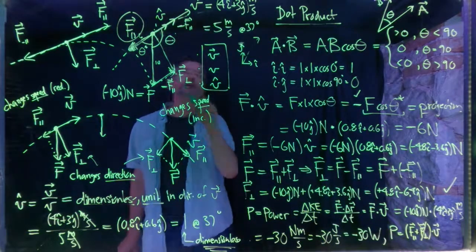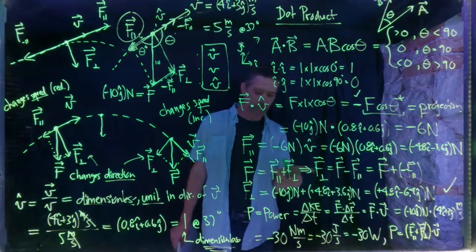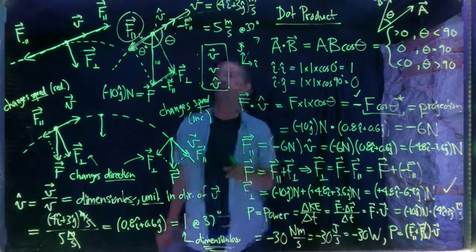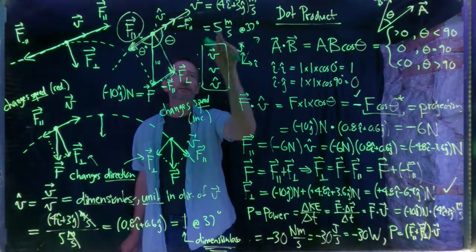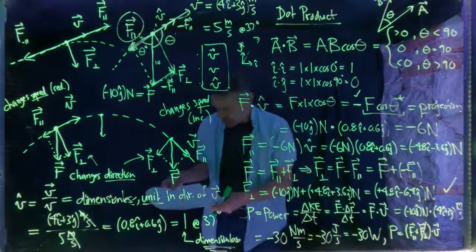The magnitude of F parallel we worked out was 6 newtons, and the magnitude of V is 5, so 5 times 6 is 30, and you get the same answer. That's very good.